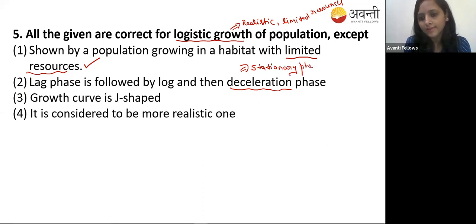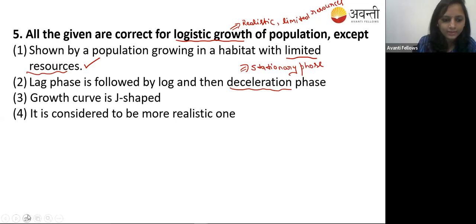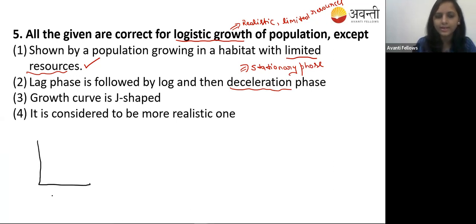Let us learn about the graph. How will we draw the graph here? If it is logistic growth, I will write time on the x-axis, and on the y-axis the population number.